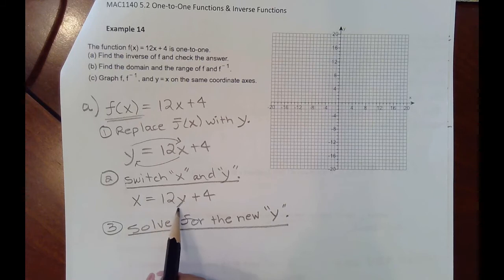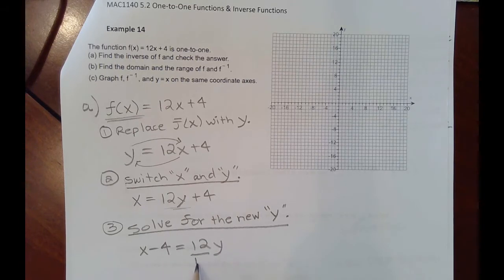That means we're going to be trying to isolate this y variable right here. And that means I'm going to pull the 4 over here. It's going to become x minus 4. While leaving the 12y there, I'm going to divide that coefficient off of the y so that I can completely isolate the y.